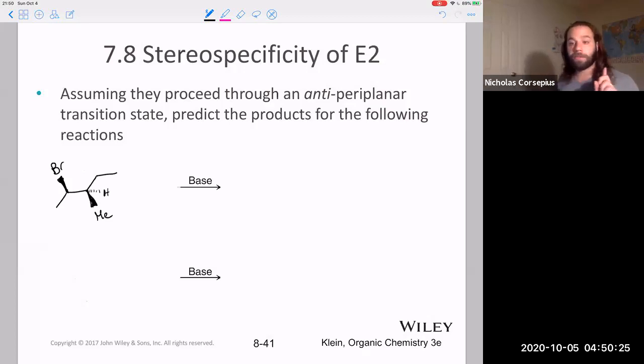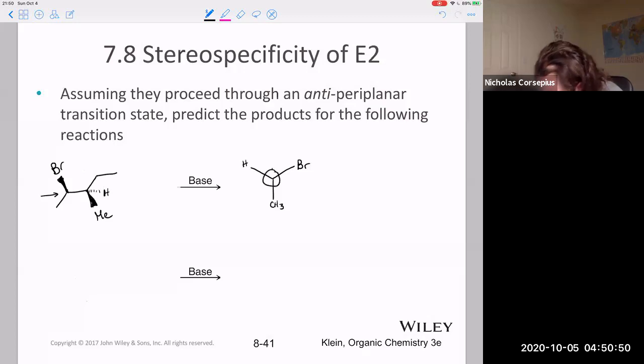So my bromine and my hydrogen are indeed already staggered. Let's just prove this though by drawing the Newman projection, right? So again, we got these Newman projections rearing their ugly heads. I'm looking down this bond, just to be clear. So here's a CH3 pointed out this way, that's my bromine. This way is going to be a hydrogen.